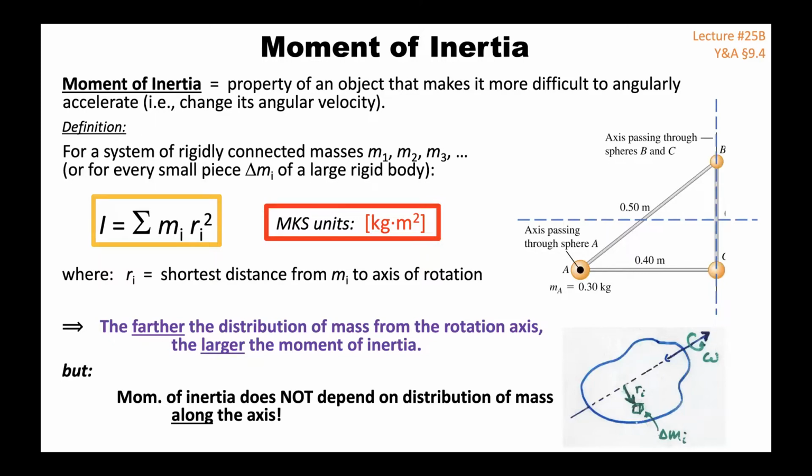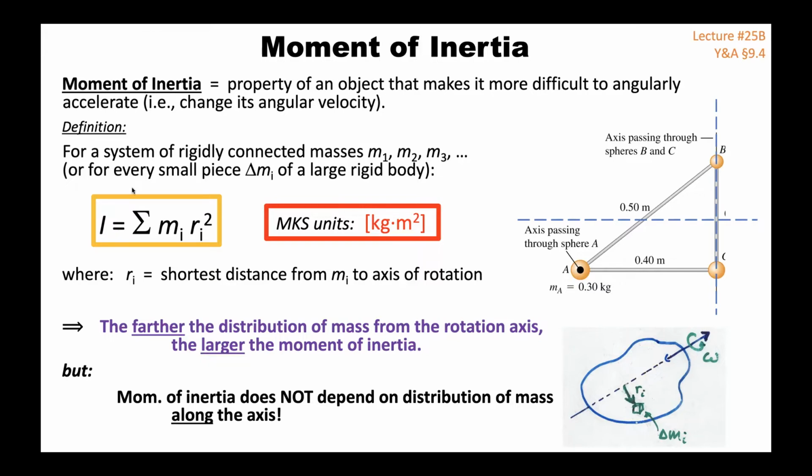Notice the word inertia is in common, right? With the old inertial mass. This quantity, which we're going to call capital I for inertia, is what fully describes how hard it is to spin something up or spin something down, in other words, to make it accelerate in an angular fashion.